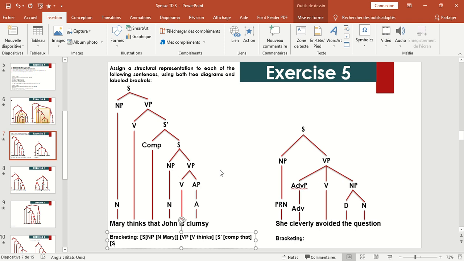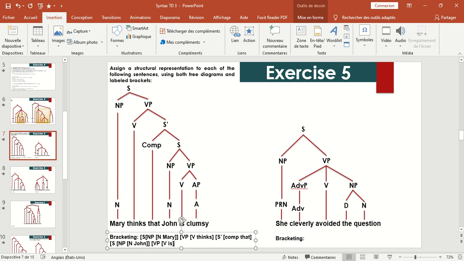Inside it we have a noun phrase. Inside it we have a noun, which is John. We close the noun and we close the noun phrase. Then we open, here we have the verb phrase. Inside it we have a verb, which is.